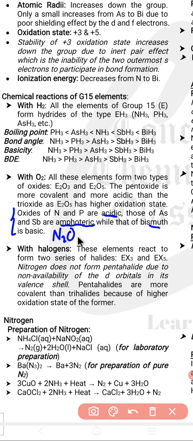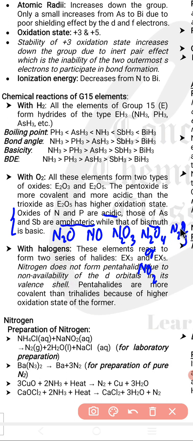N2O, this is nitrous oxide, this is NO, nitric oxide, and this is N2O3. Let me write N2O3 first, then N2O4, or you can just write NO2. These two are the same; this is the dimer of NO2, and lastly N2O5.